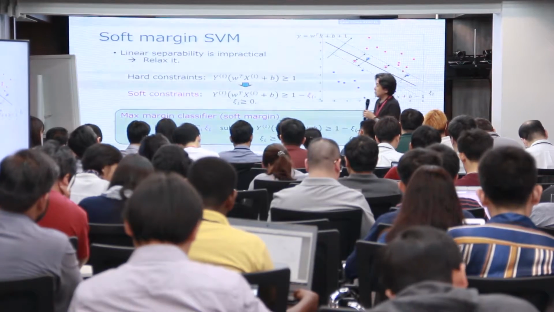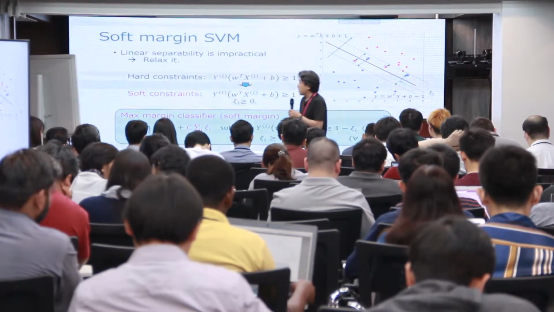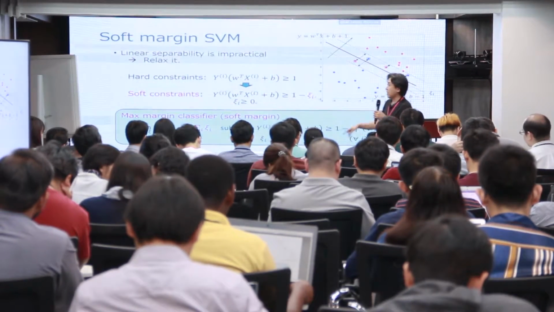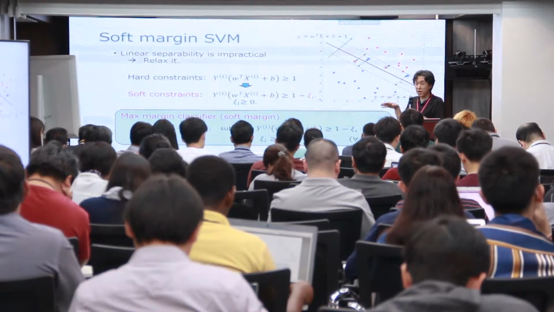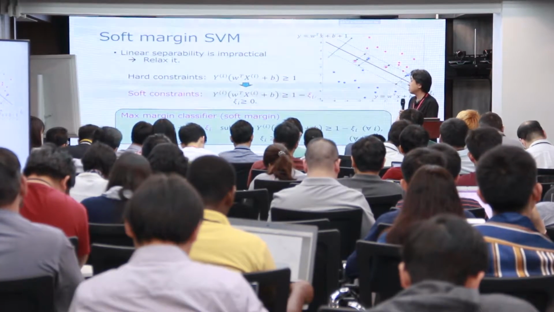This new term includes a constant C. This takes a trade-off between the original objective function, the squared norm of w, and the extent of the break of the linear inequality.